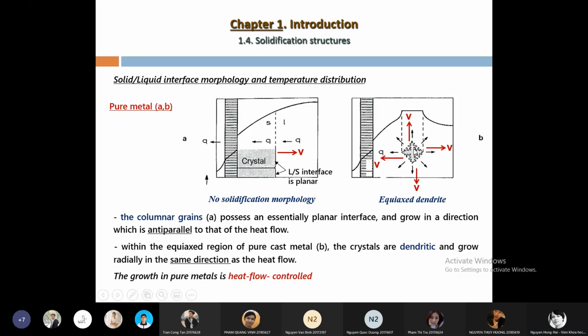So the heat can be transferred from the crystal to the liquid and through the mold to the environment. See the very great difference in these two cases. And the growth direction of the crystal is the same as the direction of the heat flow.